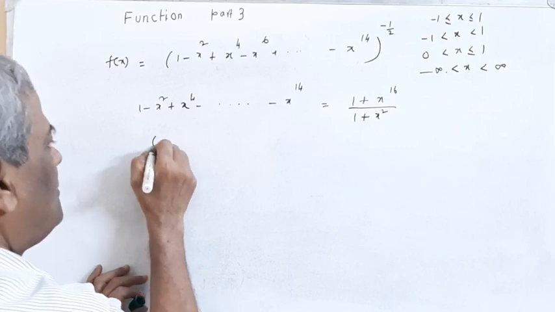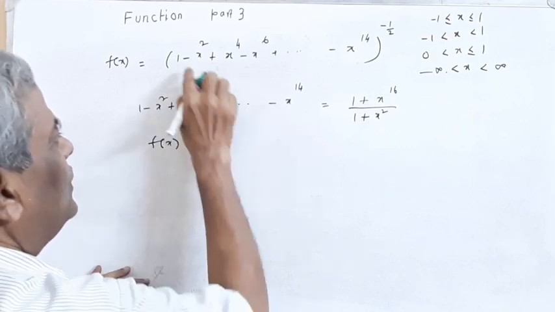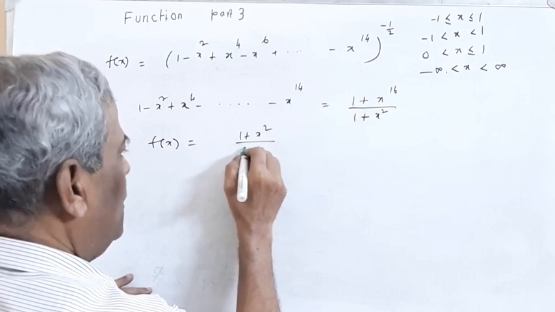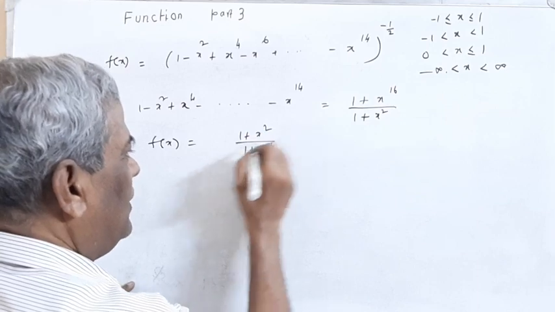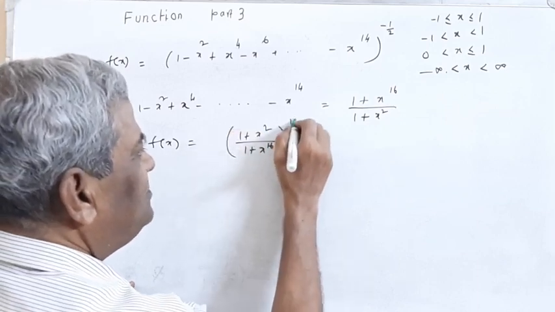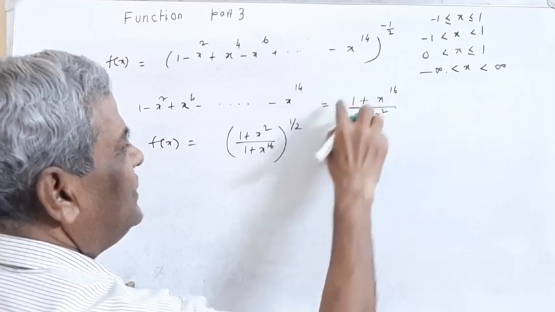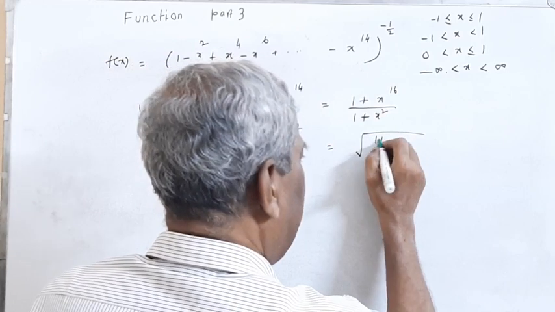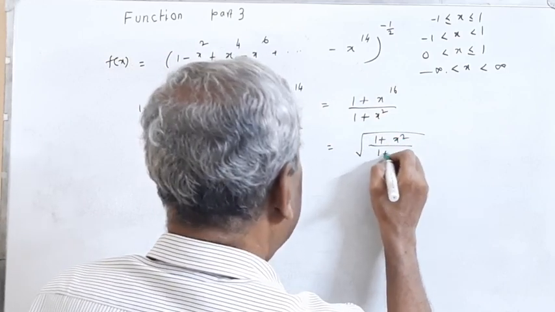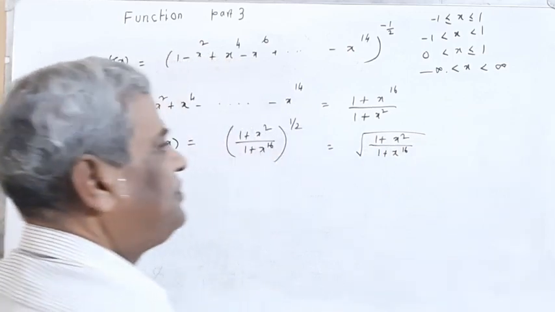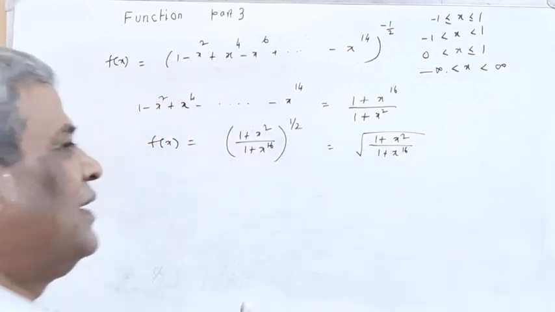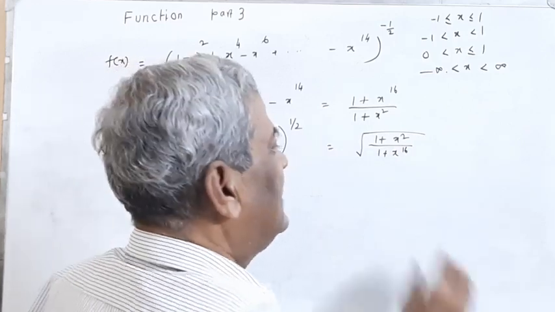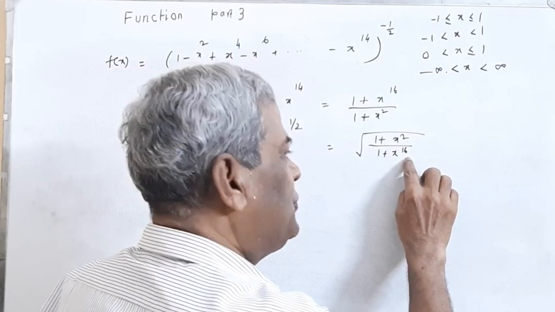So f(x) is equal to this to the power minus half. So 1 plus x square by 1 plus x to the power 16 to the power plus half, that is, root of (1 plus x square) by (1 plus x to the power 16). Now you see, this is an algebraic function, and there is no chance that this becomes 0.